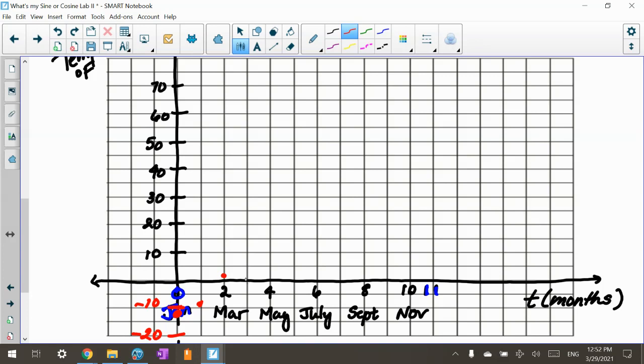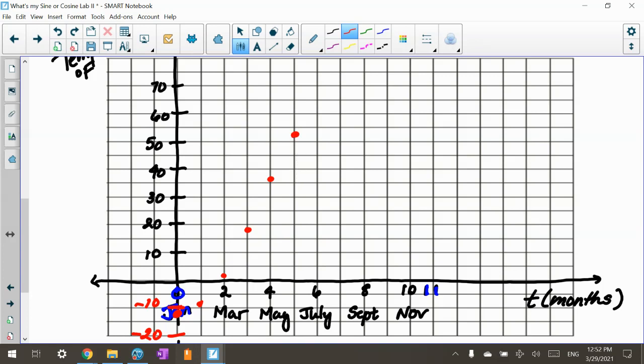3 is 18, so 18 would be about here. 4 is 36.9, so that's about right here. 5 is 53.1, about right here.